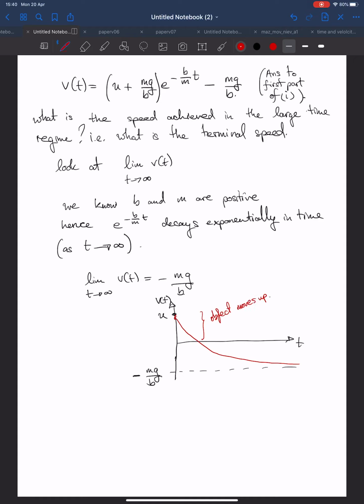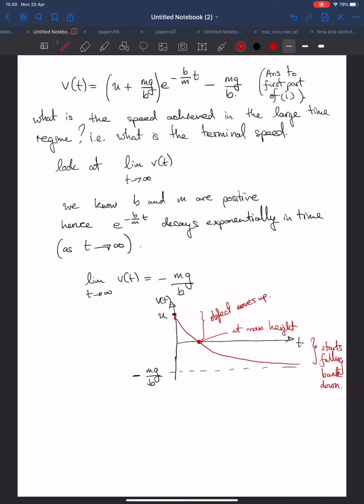Now, when it reaches the maximum height, it instantaneously has a vertical velocity equal to 0. So here, this special point where it crosses the axis is at max height, and we're going to grab this in a second. And then it starts falling back down. And that's the interpretation of the results.